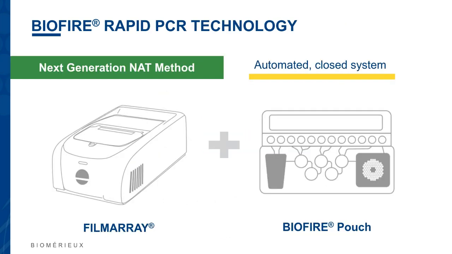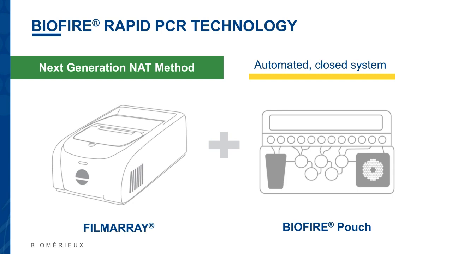So the BioFire rapid PCR technology is composed of two different assets. The first one, on the left-hand side of the slide, is the FilmArray instrument, and it's a pretty small instrument, like a kitchen bench instrument. And the second one is what we call the BioFire pouch.